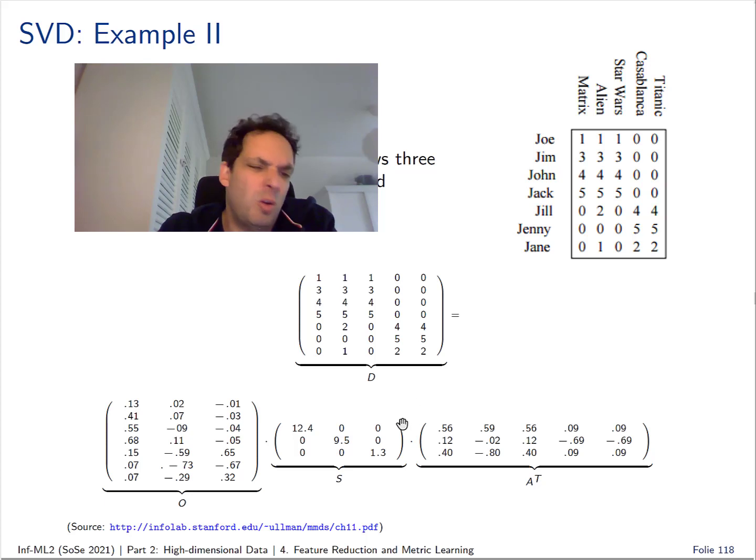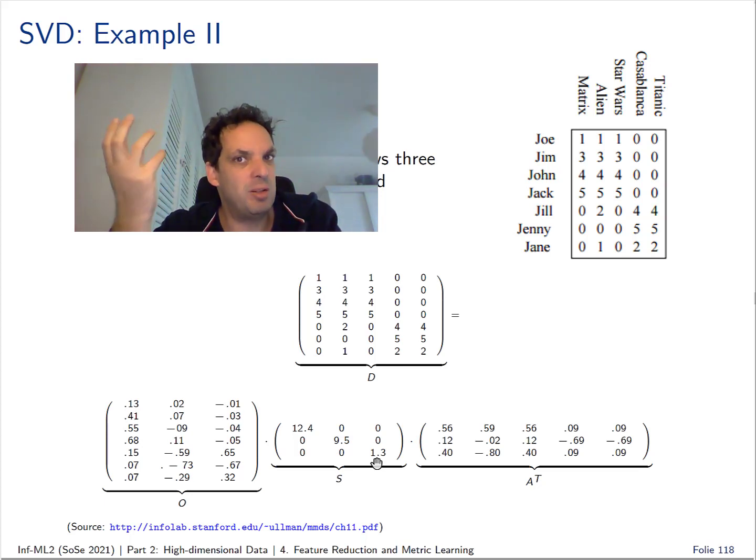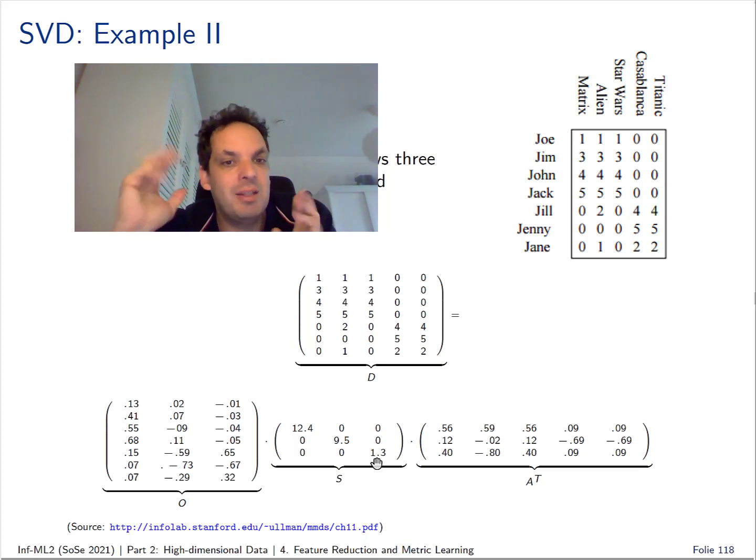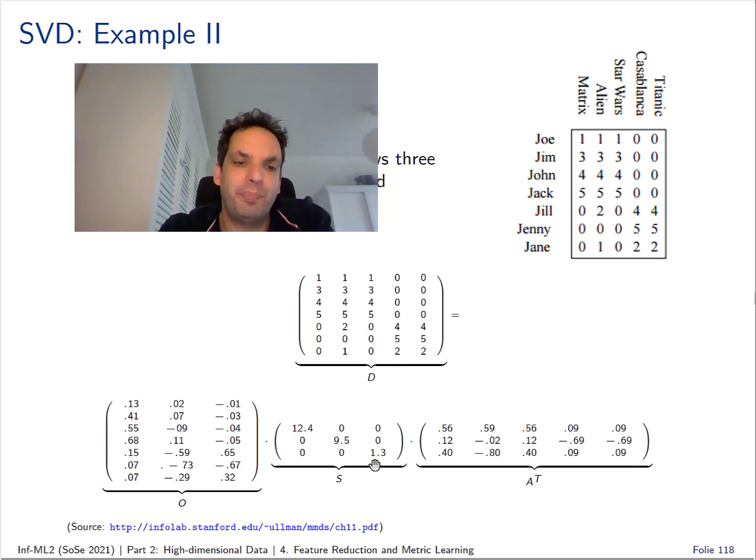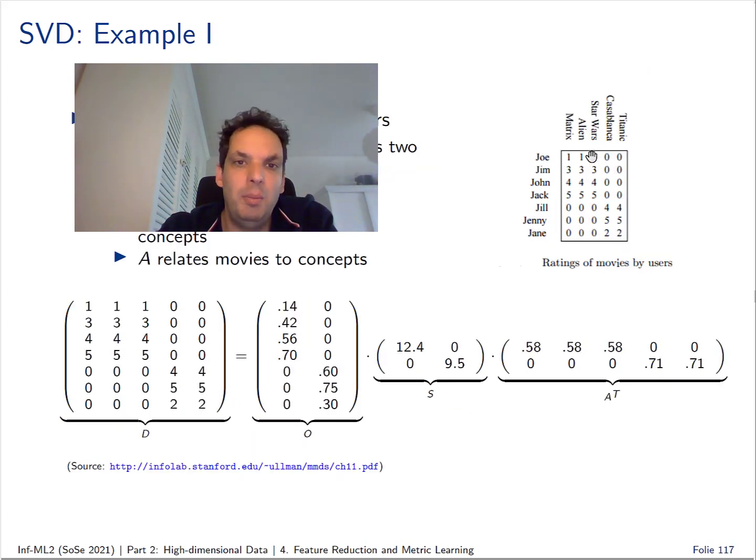So the question is, do the S values tell us a little bit? I mean, they tell us the strength of the concept. I already spoiled it a little bit. It is also somehow the variance of these concepts, and that makes sense. If we go back to this one, the variance in these features here is obviously higher than in this one.